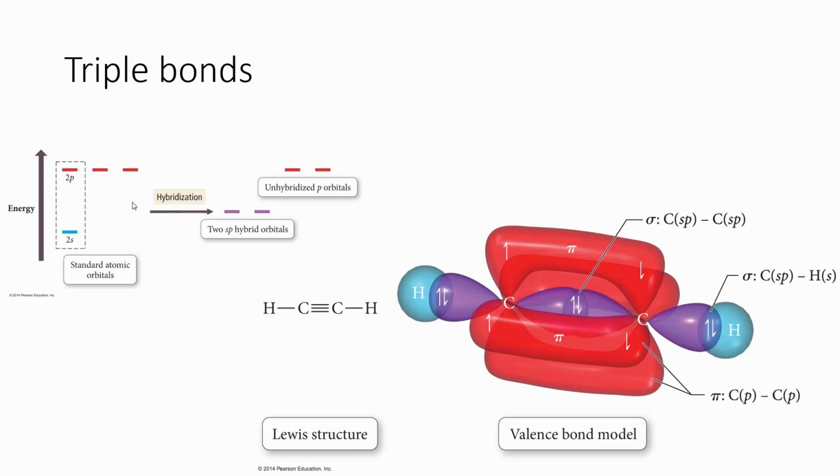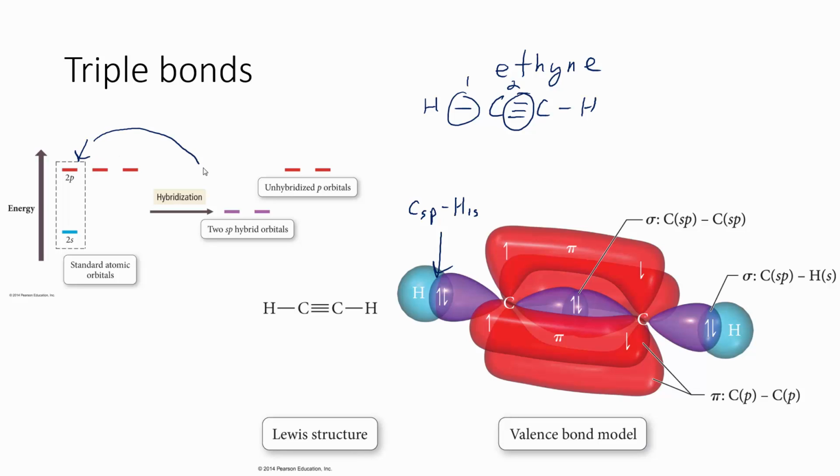Now with a triple bond, we have even more excitement here. We're looking at ethylene, which has a Lewis dot structure, ethine, of C triple bonded to C with a hydrogen on either end. Here we're seeing a carbon sp hybrid with a hydrogen 1s, and that's because since we only have two directions, 1, 2 for each carbon center, we only need to hybridize two atomic orbitals into two sp hybrid orbitals.